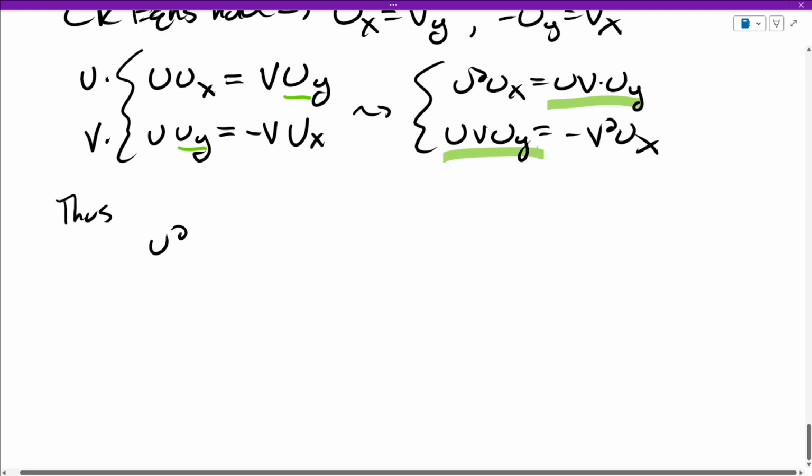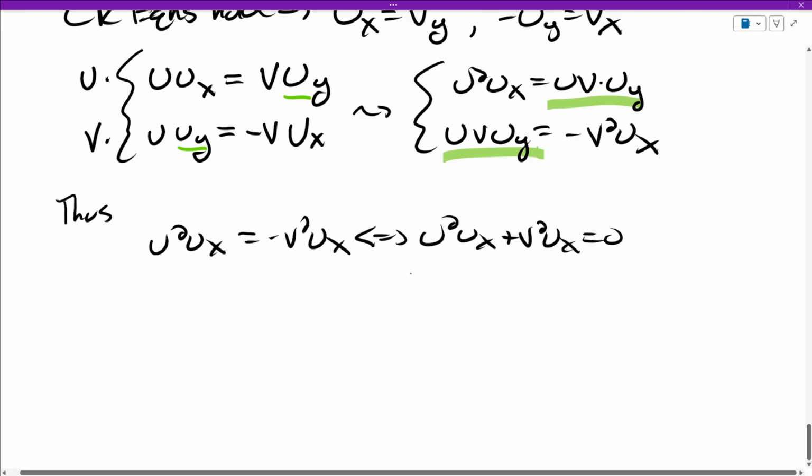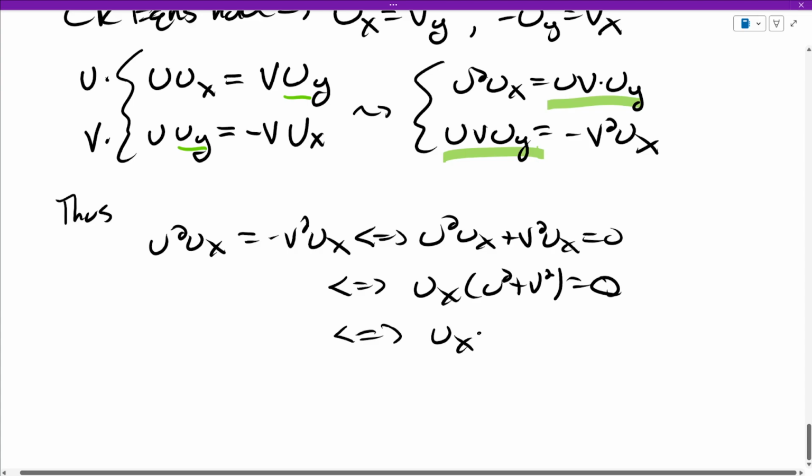So what do we get? We get u squared ux equals negative v squared ux, or equivalently u squared ux plus v squared ux is 0, or equivalently ux times u squared plus v squared is 0. Great, but u squared plus v squared, that's the modulus of f squared, that's a constant squared. Now one of two things happens here.